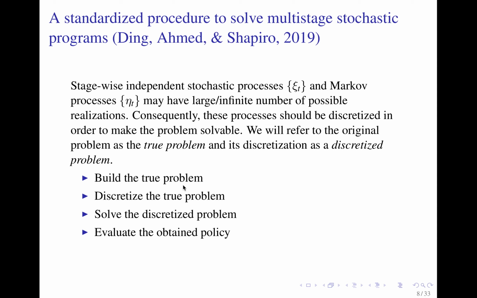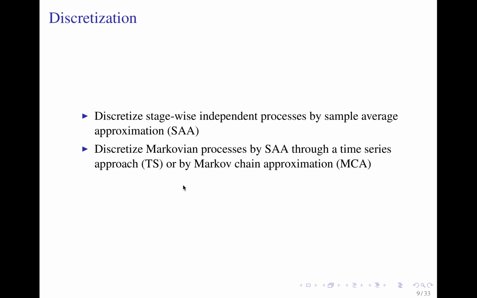Now let's look at step 2, which is discretization. So here is an overview of the techniques we've used for discretization. For stage-wise independent process, we will discretize the process by sample average approximation.